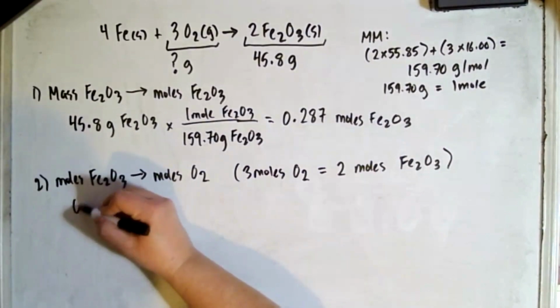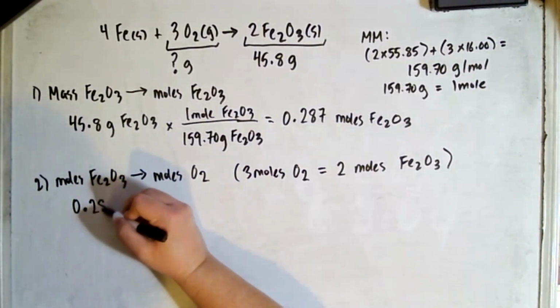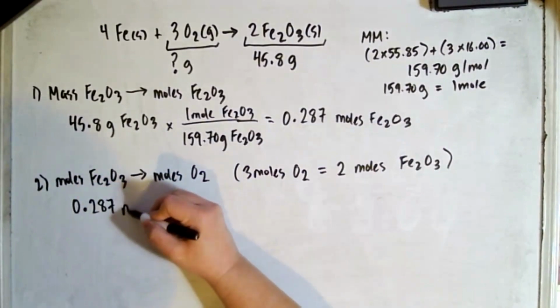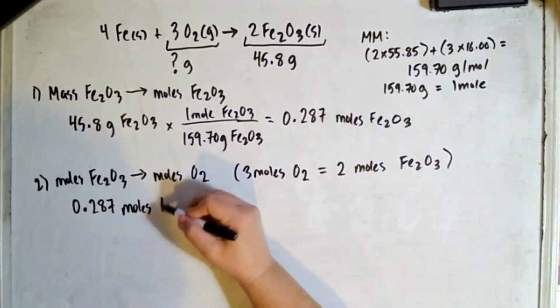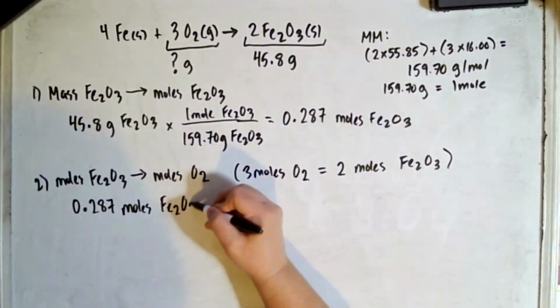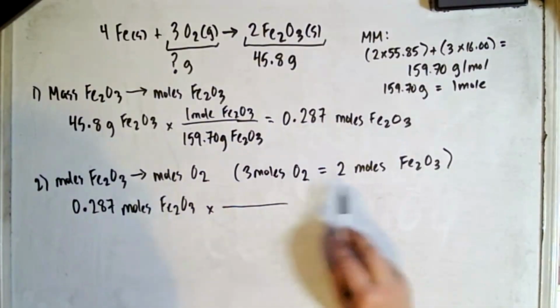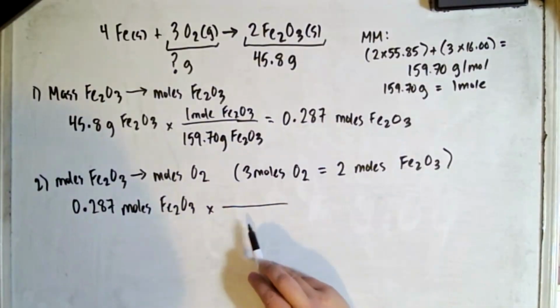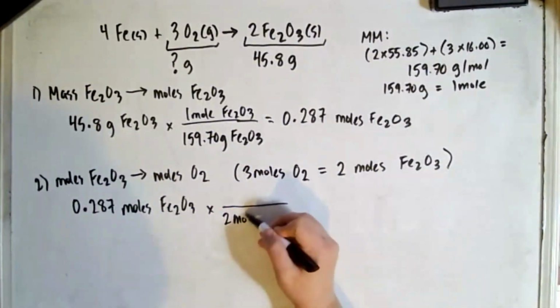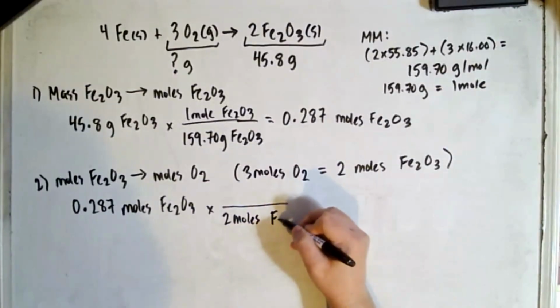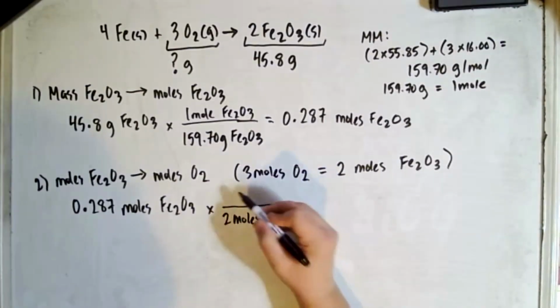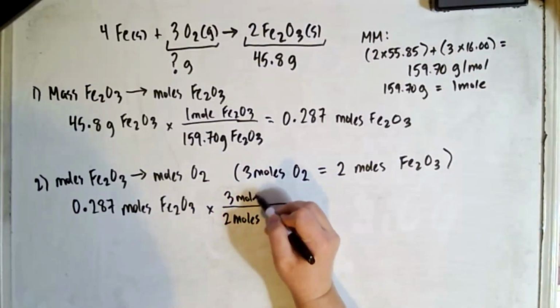So if we start out with 0.287 moles of Fe2O3, we're going to put our 2 moles of Fe2O3 on the bottom. And our 3 moles of O2 up top.